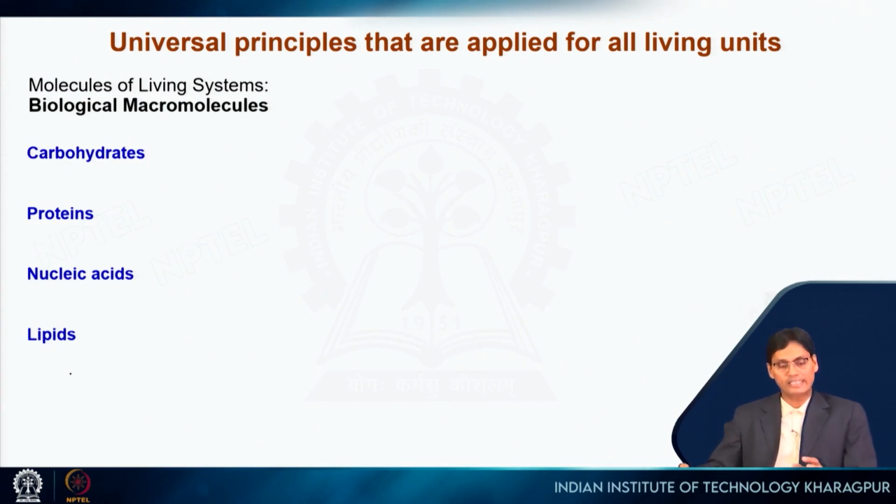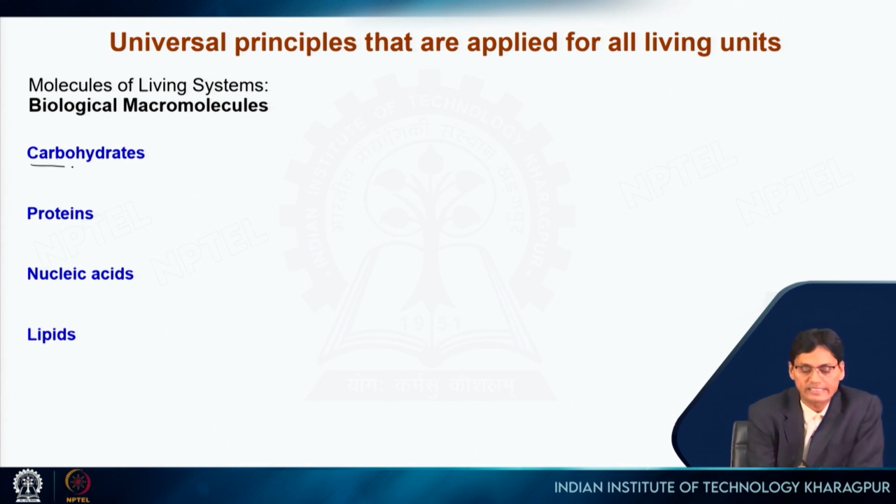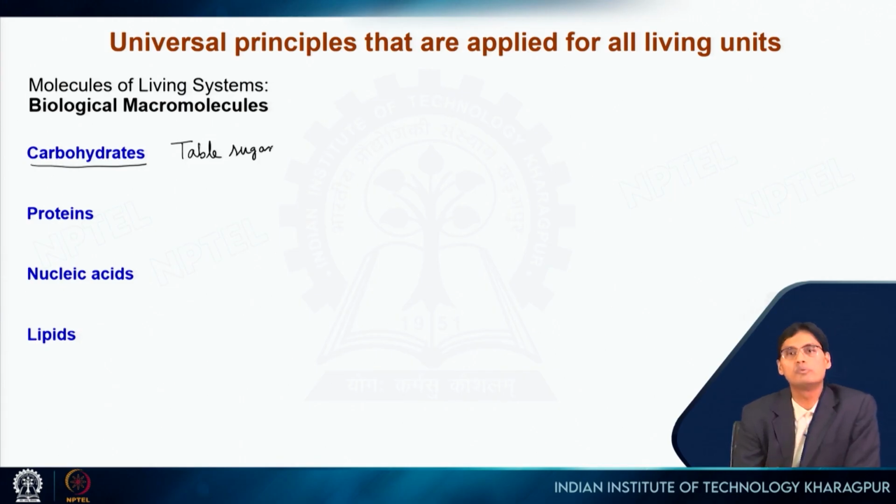Now, I would like to explain a little bit about the biological macromolecules. For example, carbohydrates, proteins, nucleic acids, and lipids. These are present in all living entities, and all of them are kind of polymers. For example, carbohydrates are present everywhere, right? Take the example of table sugar, the sugar we generally add when we make tea or coffee.